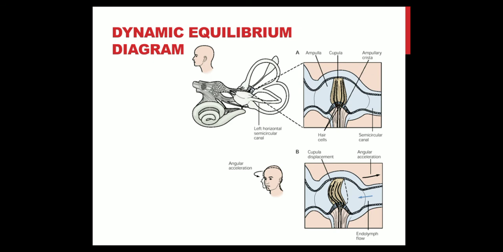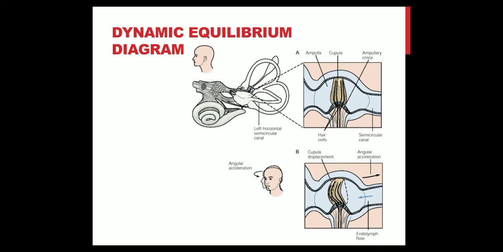Now let's talk about angular acceleration, the rotation. After rotating for some time, when we stop, even after stopping, the endolymph of the ear continues to move for some time due to inertia, and the brain continues to receive the false signal of rotation, and we feel the body is still moving.